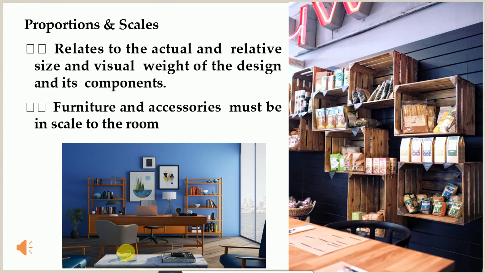Proportions and scales: 1. Relates to the actual and relative size and visual weight of the design and its components. 2. Furniture and accessories must be in scale to the room.